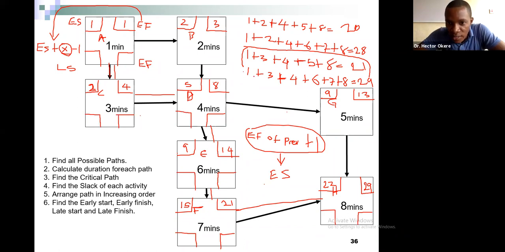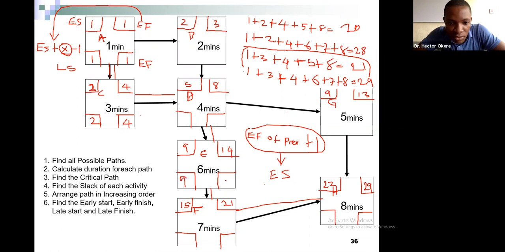So what is our critical path? It is 1 to 3 to 4 to 6 to 7 to 8. 1 to 3 to 4 to 6 to 7 to 8, which means late start, late finish must be equal to early start, early finish on the critical path. It is exactly the same. So remember that.